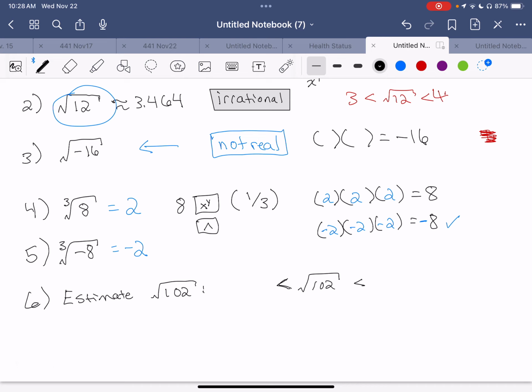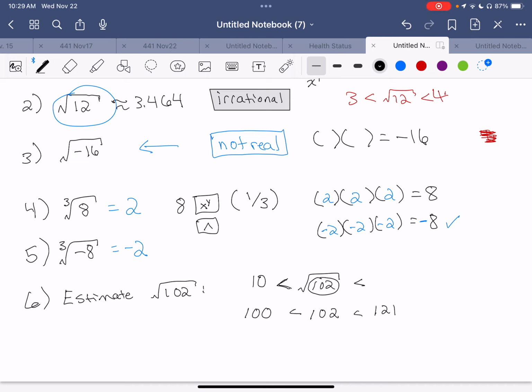Perfect squares that are near 102. 100 is a perfect square. This is 10 squared. And what's the next one? If I take 11 squared, I get 121. 102 is between those.